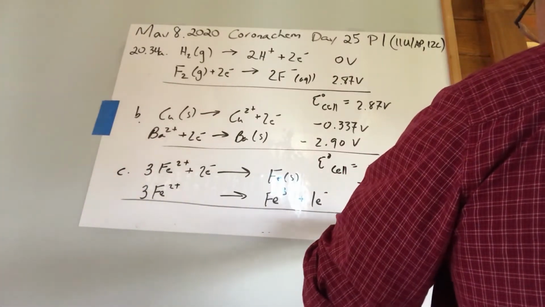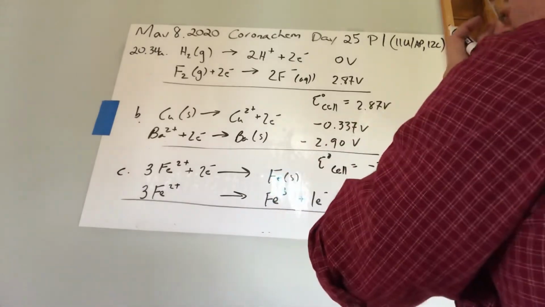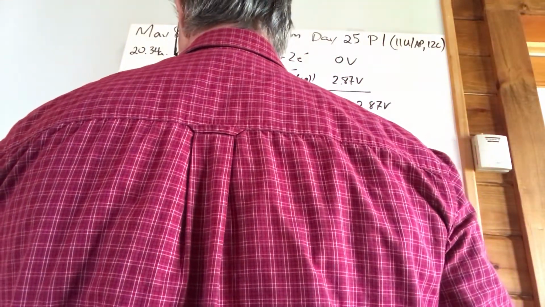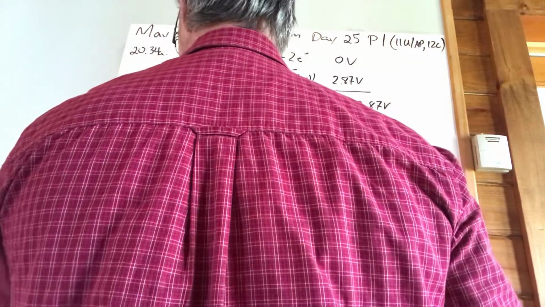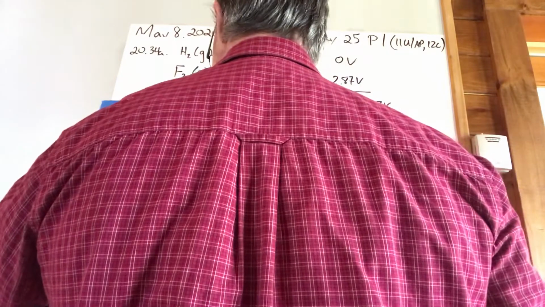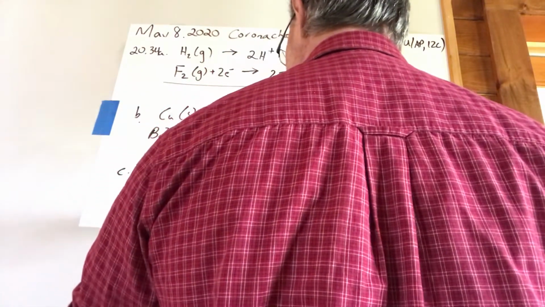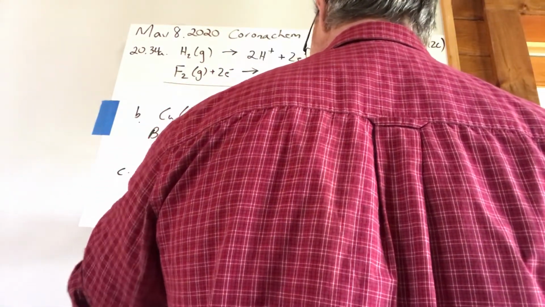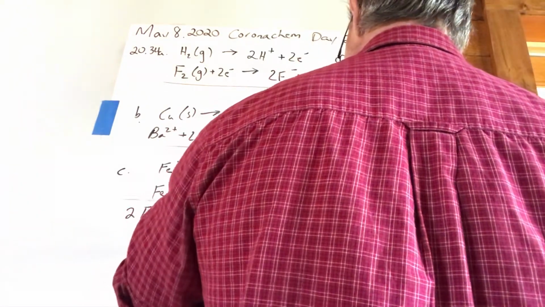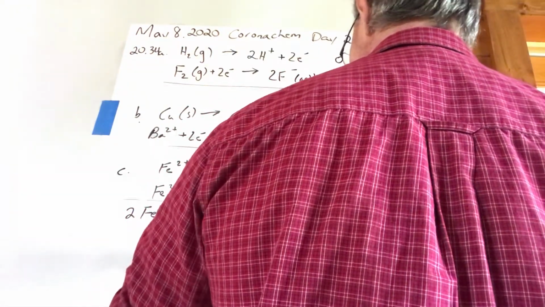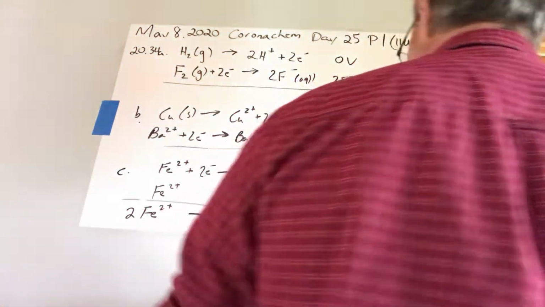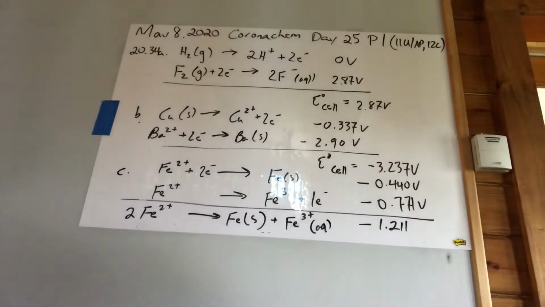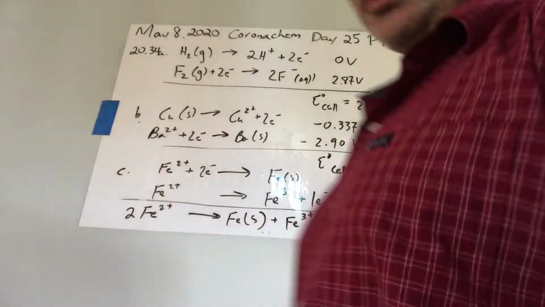So this reaction is unlikely to happen as written, because the net reaction is 2 Fe2+ turning into Fe solid plus Fe3+. The reaction as written would require the input of 1.211 volts. It's not likely to occur.